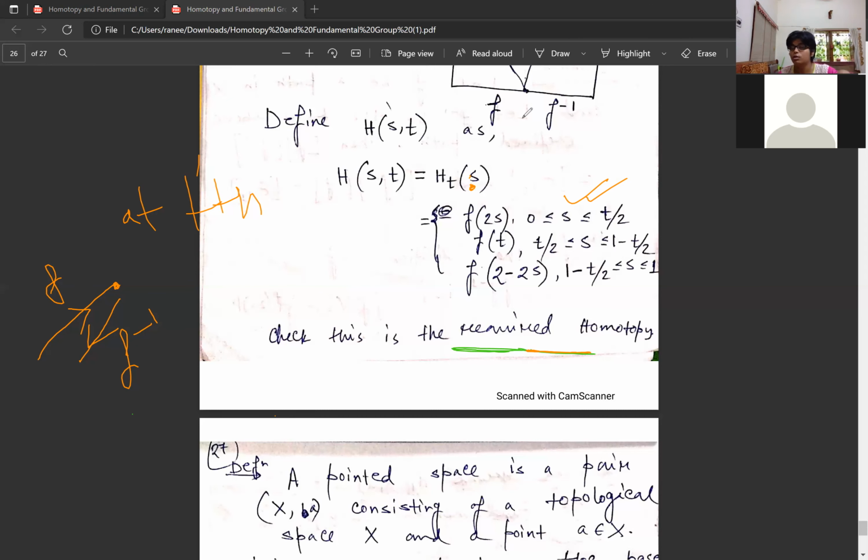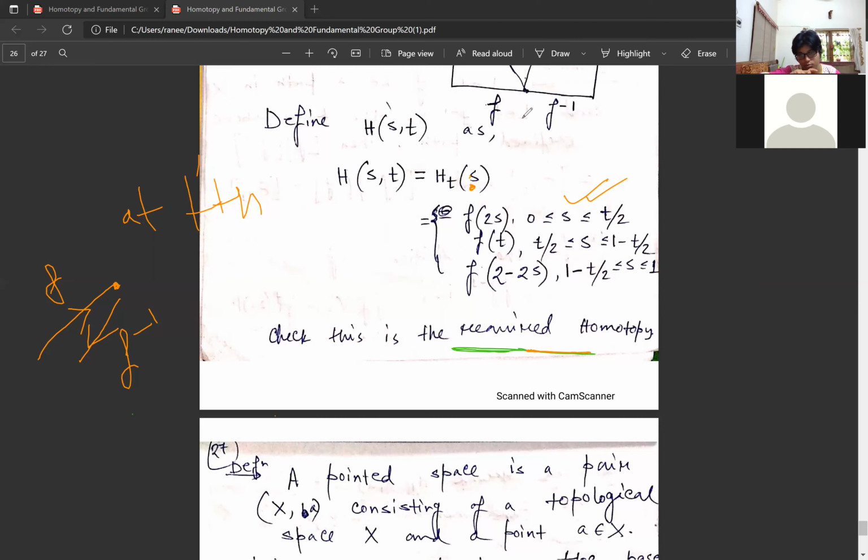Look at when your t is 1, what will happen? H 1 of s. So at time t equal to 1, from 0 to half, you will be f of 2s, right?